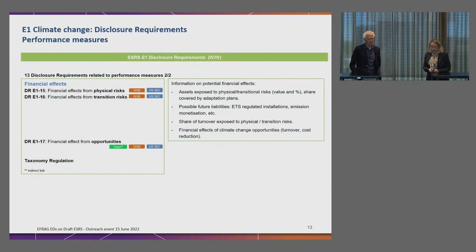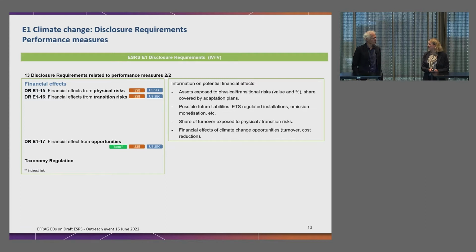And going further, other requirements include also financial effects. So we made an assessment of physical and transition risks. We see where they impact our business, but we also need to disclose what financial impact it will have on our operations.